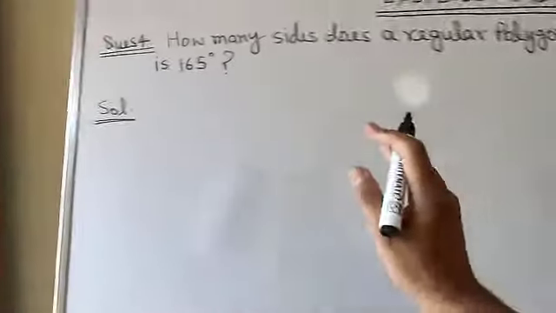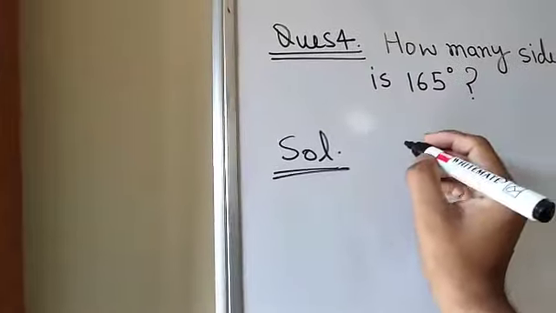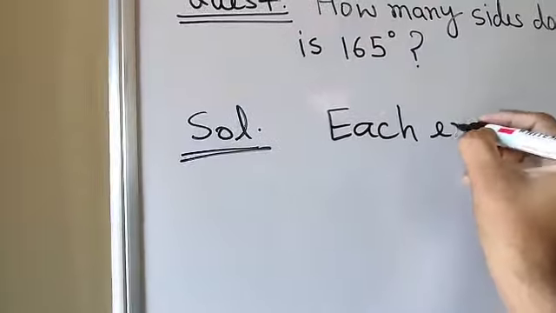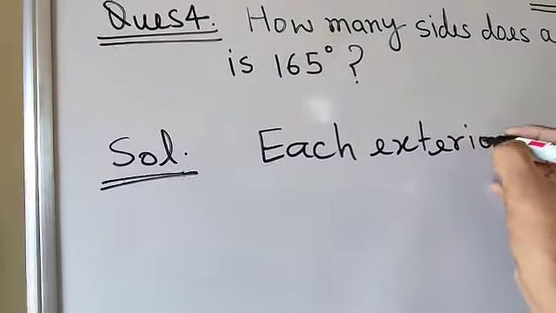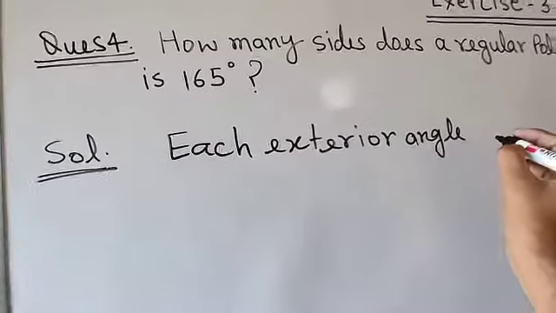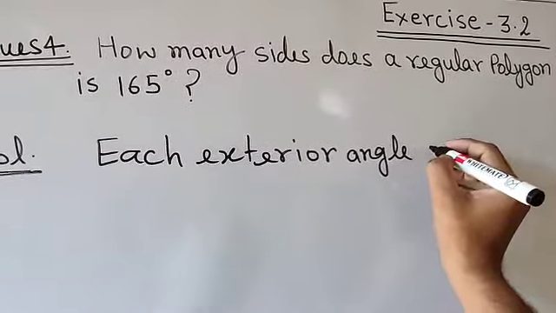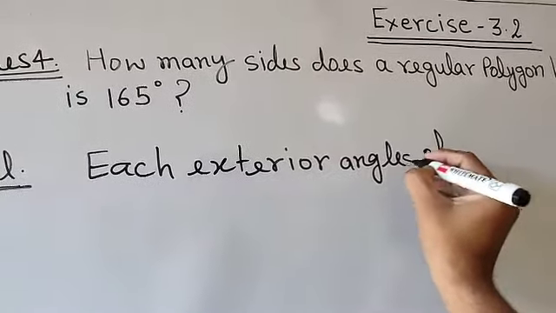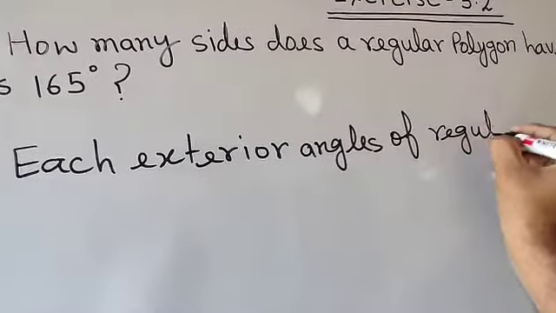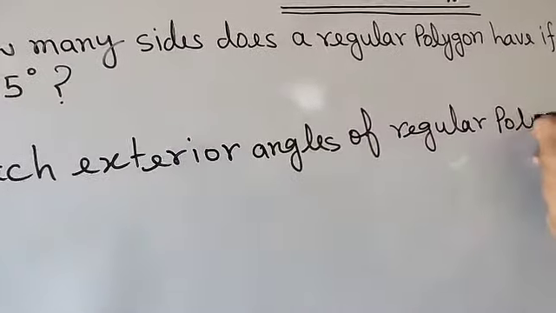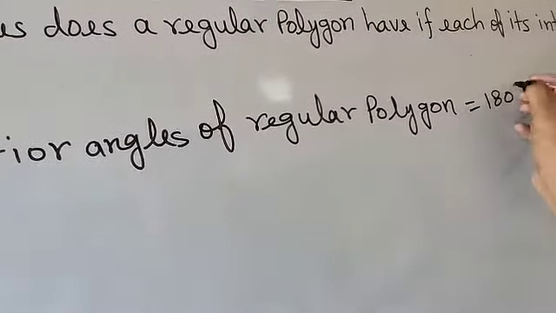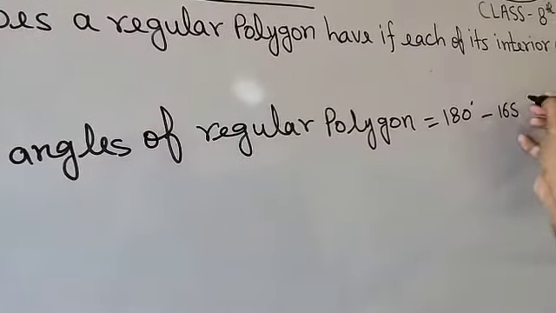So here each exterior angle of a regular polygon is equal to 180 degrees minus 165 degrees.